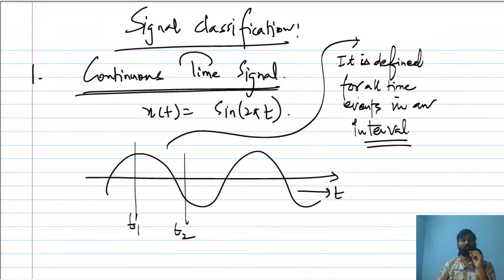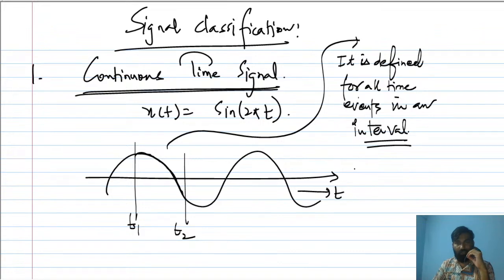So how do we say that this is a continuous time signal? You take two points, T1 and T2, and in between it is continuous and defined. There are infinite values. I hope this makes sense.